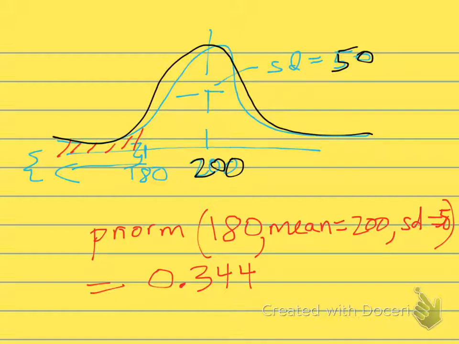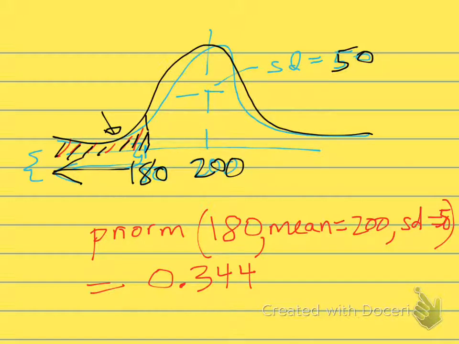The question we're asking is, what's the probability that we'd observe this random variable to be 180 or less? In other words, what's the area under the probability density function below 180?